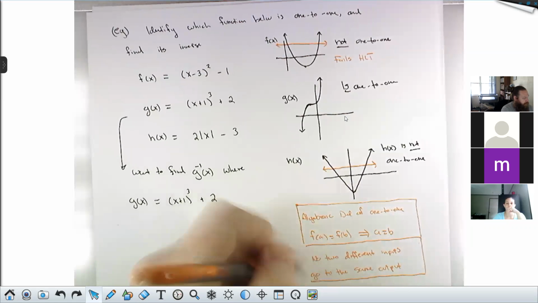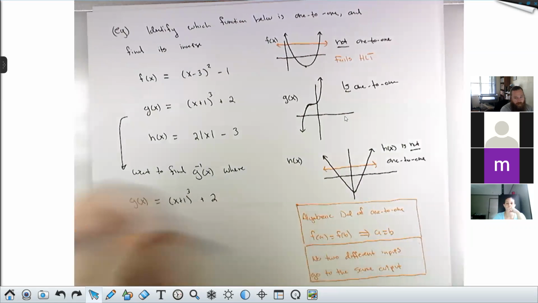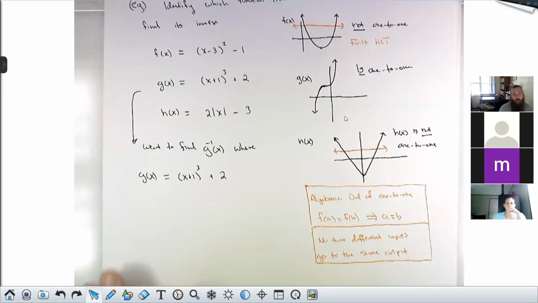But sometimes thinking about it this way, like if I gave you a table and I asked you, does that table represent a 1-to-1 function? This would be the nicer way to think about 1-to-1-ness. You could plot the graph from the table too. But the idea is that you can't have two different inputs going to the same output. Or if you have two outputs that are the same, they had to have come from the same input.